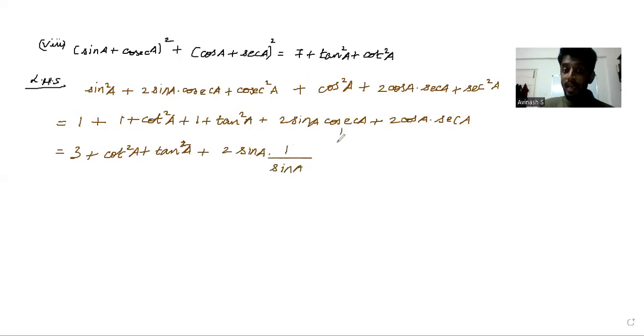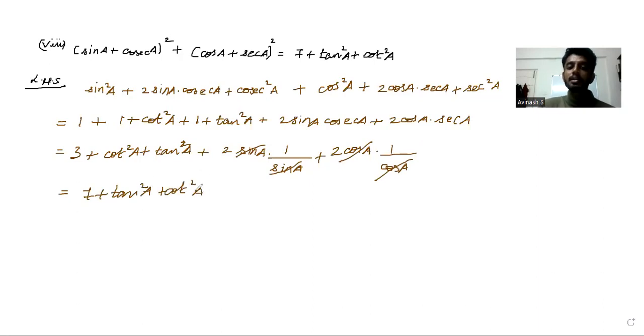So in this step, we can write this cosec a as 1 by sin a so that they get cancelled. Likewise, in the last step also, 2 cos a into this sec a can be written as 1 by cos a. Now it's very clear that this cos a and this cos a will get cancelled. This sin a and this sin a will get cancelled, leaving you with 7 plus tan square a plus cot square a, which is what is expected in the right hand side.